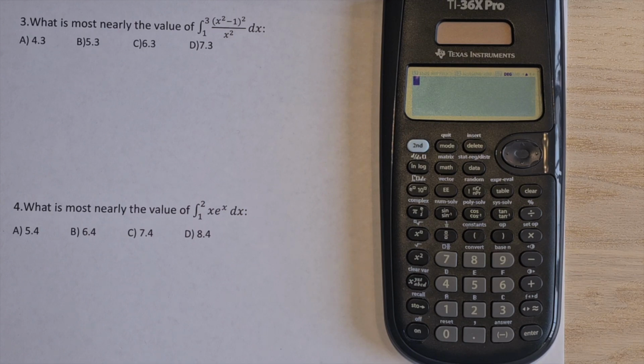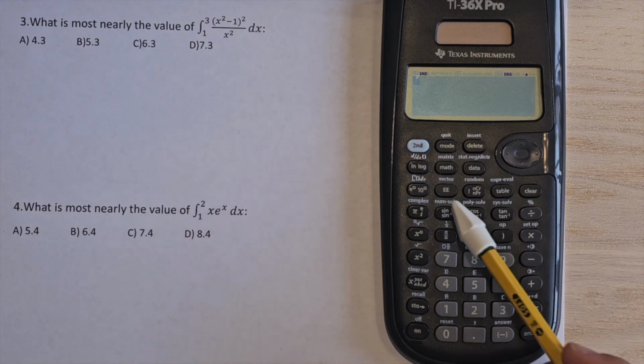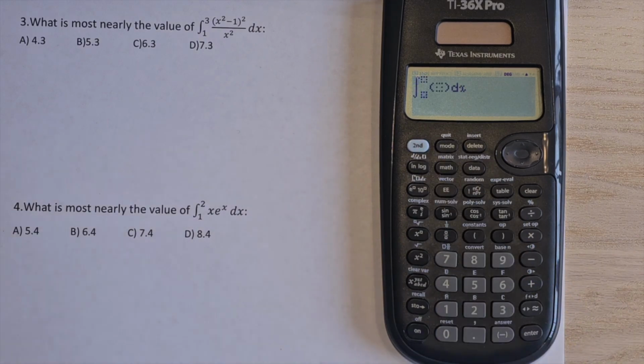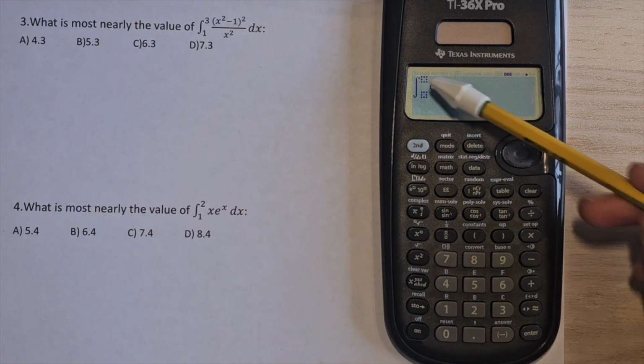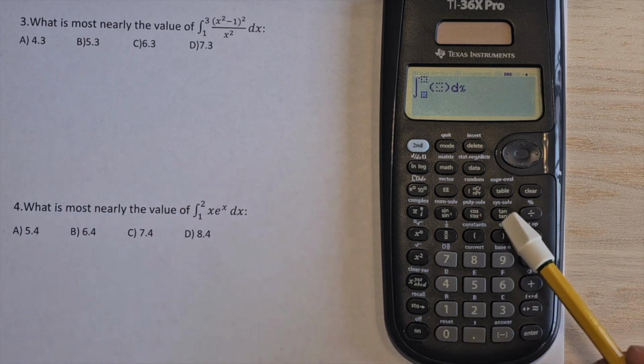Continue with examples 3 and 4. As you can see here, we have definite integrals that we can do by calculator, just like in the previous example. So let's start with the first one. We need to enter the lower and upper limits in the calculator.